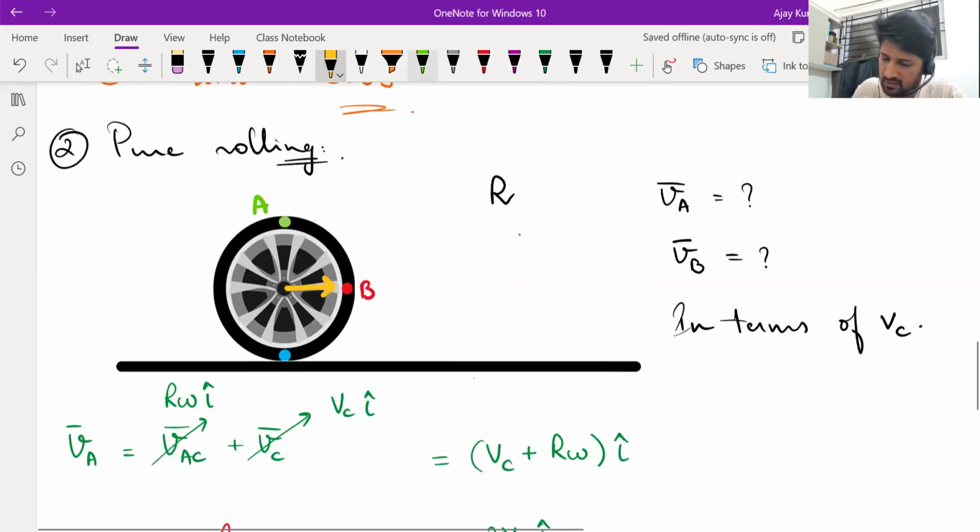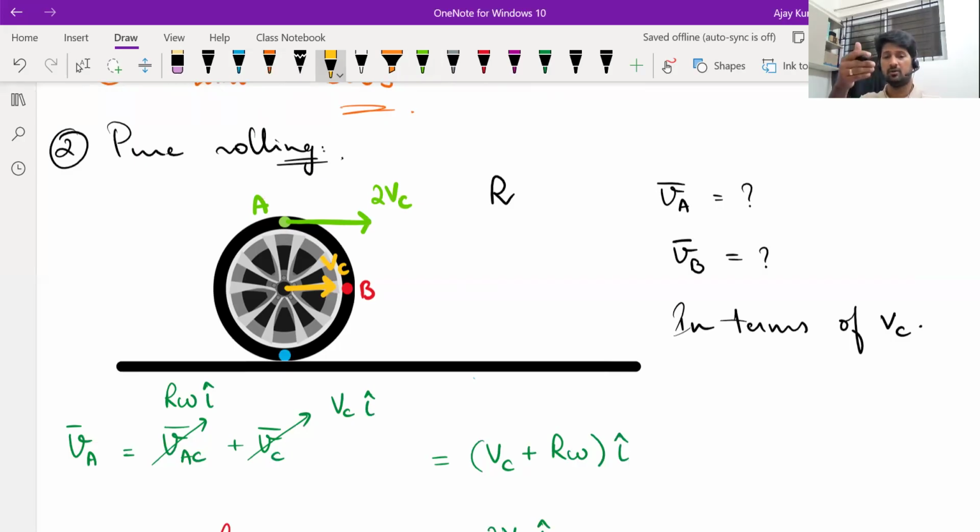Then A's velocity being twice as much as that of the center of mass will be like this. Center of mass velocity being Vc. Now, this way also you can tell that the lowermost point, the point of contact between the object and the surface, is the instantaneous axis of rotation.